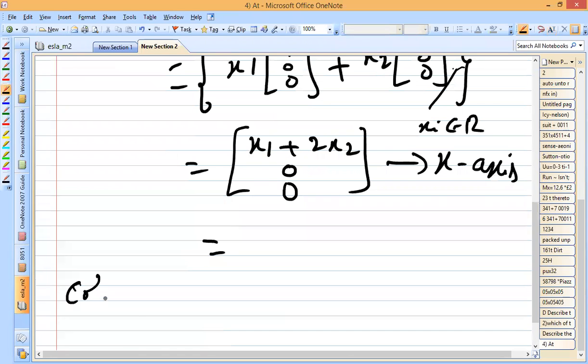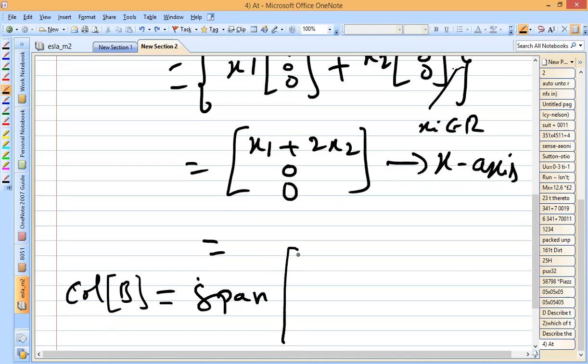For matrix B, the column space of B can be written as, first span it. So column space of B is equal to span of, I just separate the matrix elements within the flower bracket.